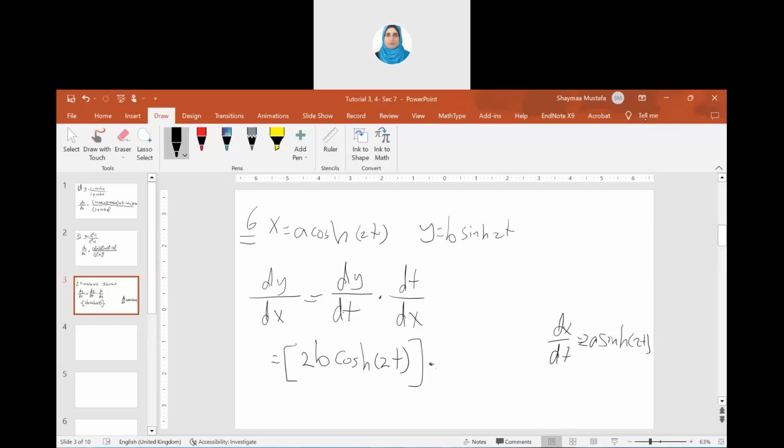So dt over dx is 1 over 2a sine 2t. So 2b, you can simplify or you can keep it. It's okay. Both okay. This is for question number 6.